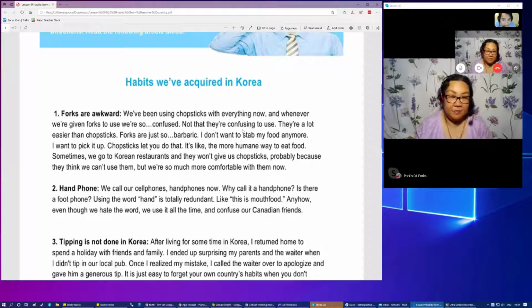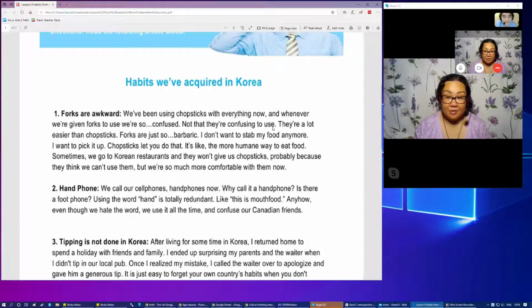Not that they're confusing to you. They are a lot... use. Use with you, yeah. Oh, I connect the sound by converting it into Vietnamese.